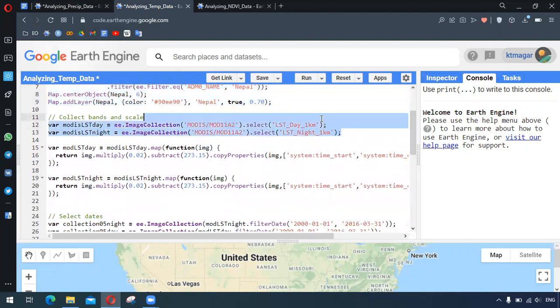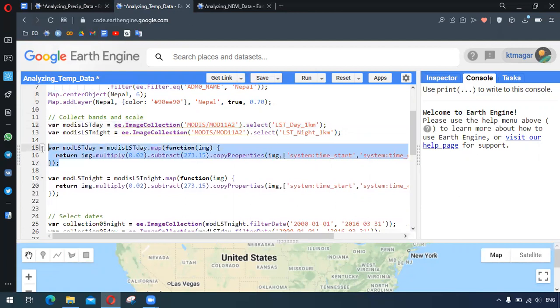One is LST day 1 kilometer, and the next one is LST night 1 kilometer. Sorry, we are converting them into degrees because the original data is in Kelvins. So we are multiplying by the scale value and subtracting 270.15 so that we can convert the values into degrees Celsius.